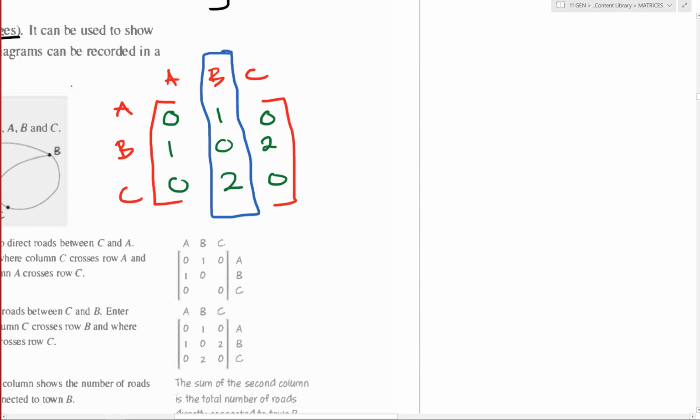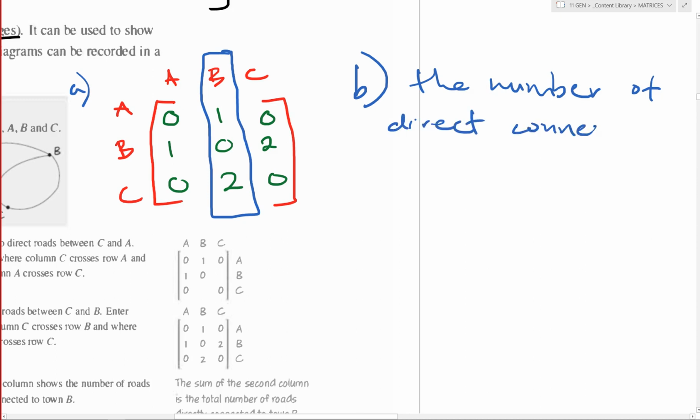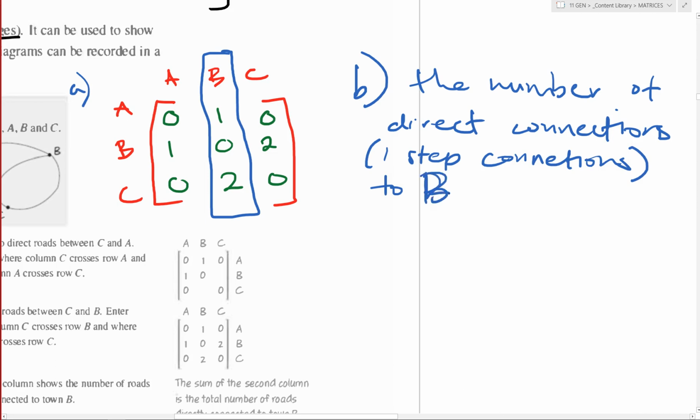This is question B. Well, it's referring to the number of direct connections. You could also call that one-step connections, because it only requires one directed step. So it refers to the number of direct connections or one-step connections to B.